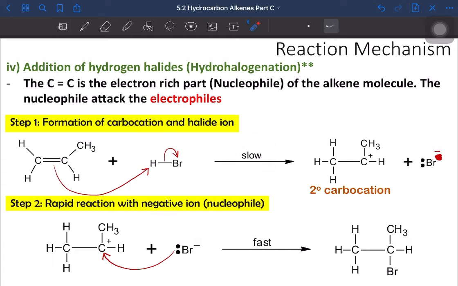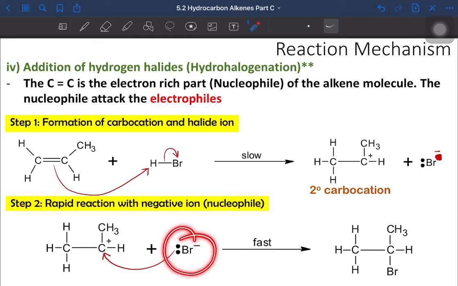Okay, now we look into the second step, which is the rapid reaction with negative ion. So we have the carbocation here. So the carbocation here now is the electrophile. Okay, and then we have the bromide ion here. So the bromide ion here now is the nucleophile. So you have to always remember that the nucleophile will always attack the electrophile.